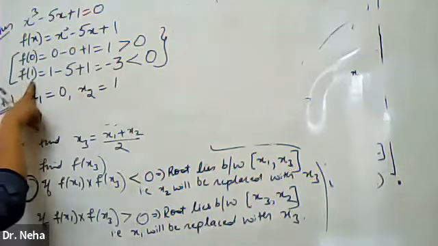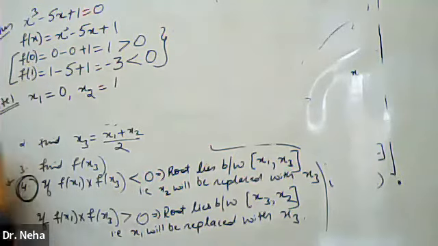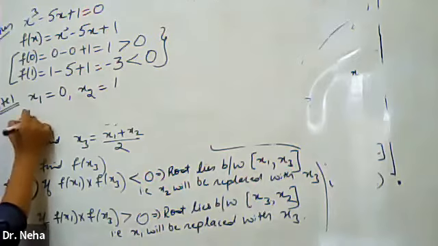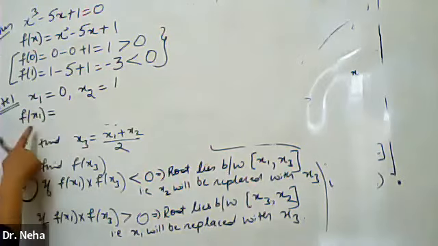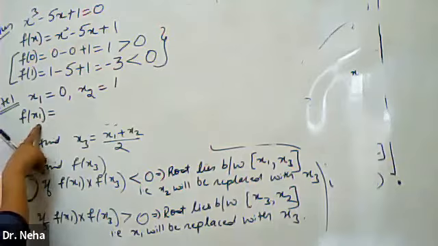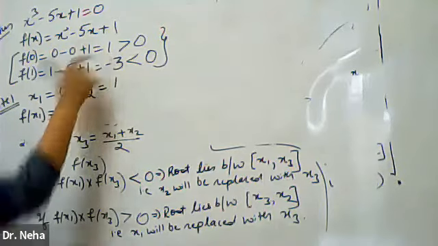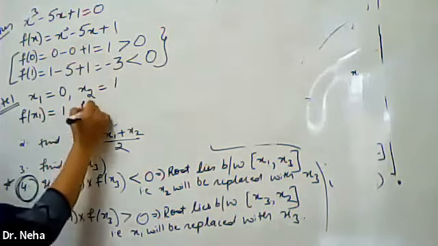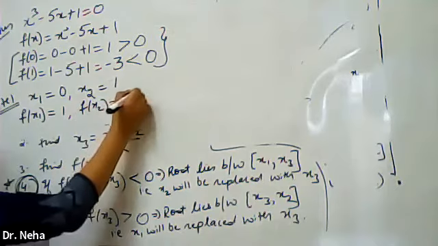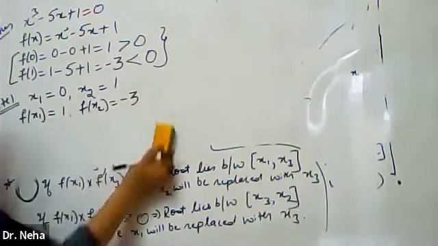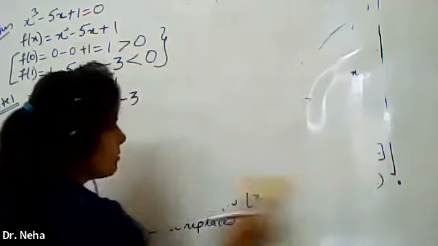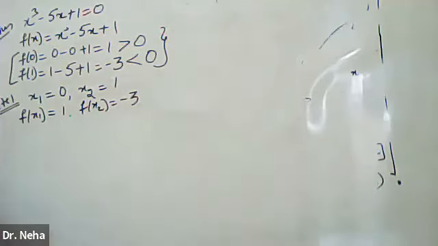It is the value of the function, but the root is 0 and 1. Also, fx1, you can write the value of the function once again. fx1 is 1, and fx2 is minus 3. Clear? So we have started our sum. We have started iteration number 1.